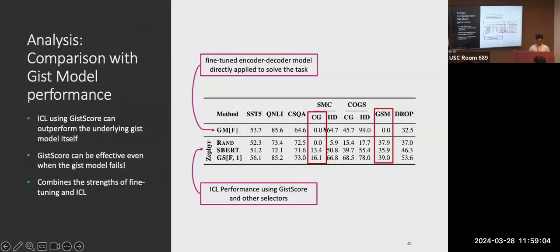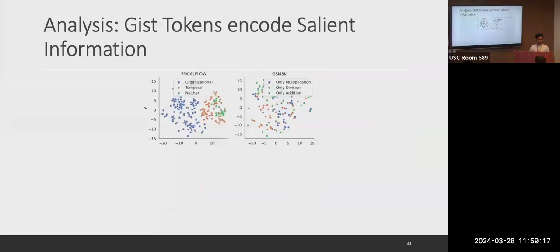Of course, the question is then, if the model completely failed on SM-CalFlow and GSM-8K, how was it even able to select the right examples? So we decided to look at the information encoded in the gist tokens to see what sort of information they're encoding.